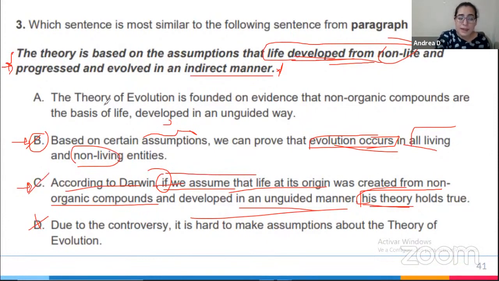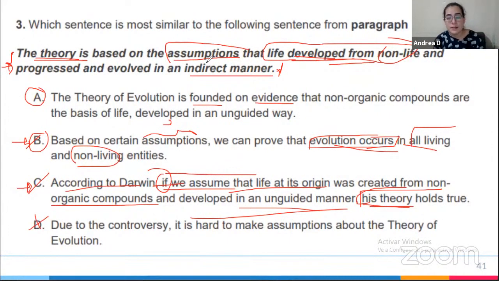Now, if we look at A, it kind of has everything that we need. The theory is based or is founded on. Now, the only thing that makes me doubt is this assumptions thing and evidence, but I think it's pretty close. It's tricky, but it's pretty close because basically, what is the evidence that they had to found this theory? The assumptions, right? So it's kind of the same thing.